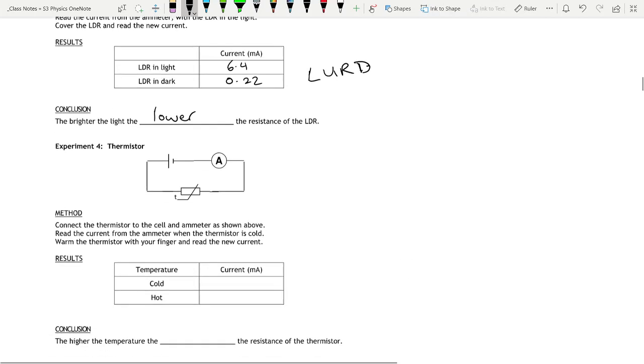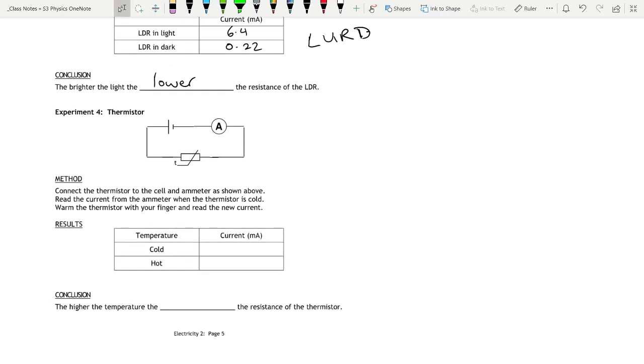Right, thermistor, what did we get for our results for thermistor? 0.36 and 0.46. So higher when it's hot. So the higher the temperature, the resistance? Because the current is higher.